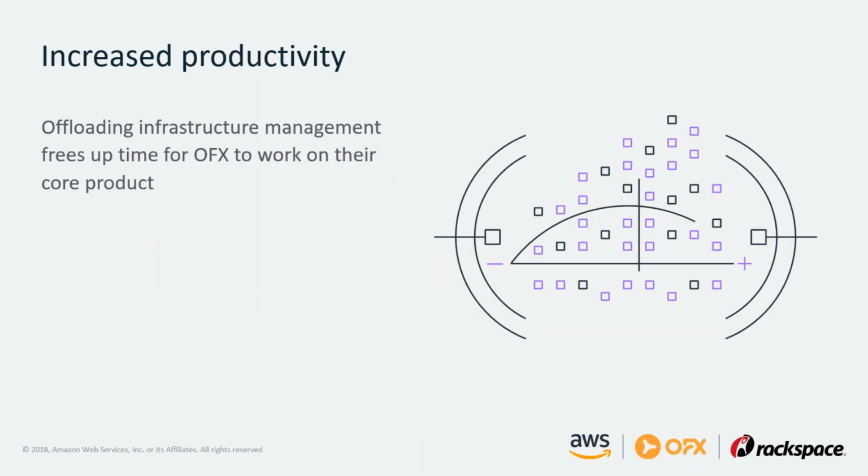The next thing they said is increase productivity. Bottom line is, if we can offload infrastructure management, it frees up time for us to do what we do best. We're not infrastructure guys, we're payment processing guys. So we are able to go to market much faster with changes in service increases and improvements on the platform and new features and different things like that, because we don't have to manage.